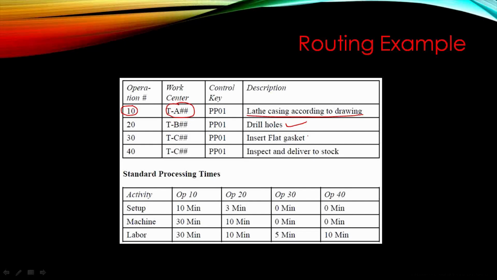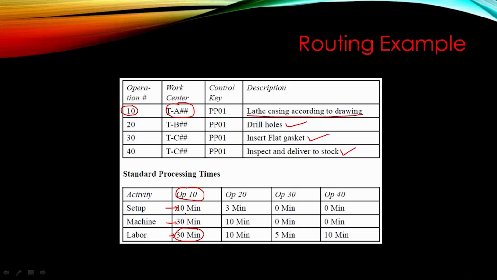The third operation will be insert flat gasket, and the last operation will be inspect and deliver the stock. So these are the 4 operations, for example, for a product. And as I said, for every operation you can define the setup time for that operation. So here you can see operation number 10 has a setup time of 10 minutes. What is the machining time, and what labor will be used? So labor will be used for 30 minutes or whatever time.